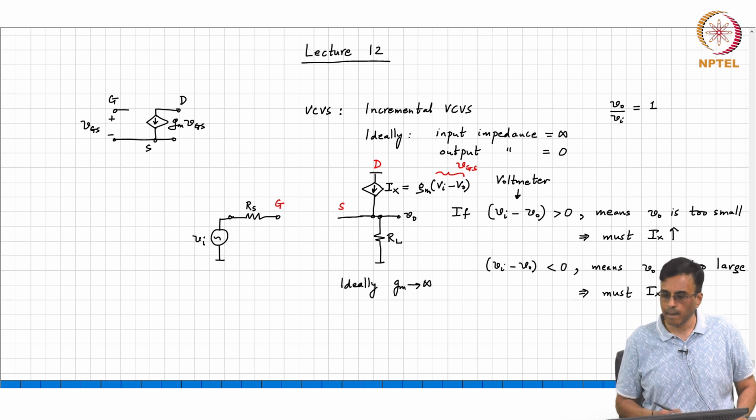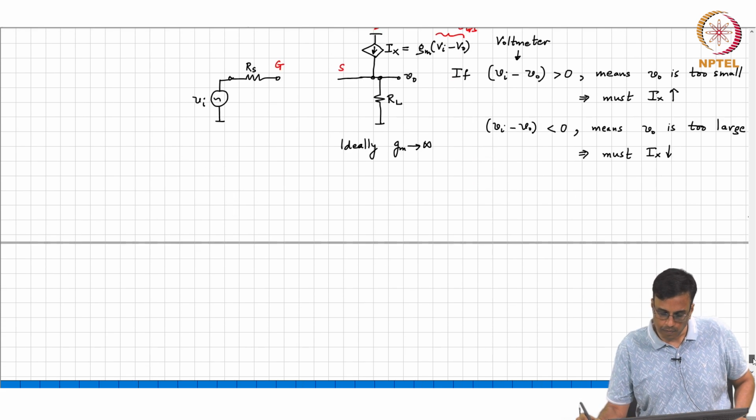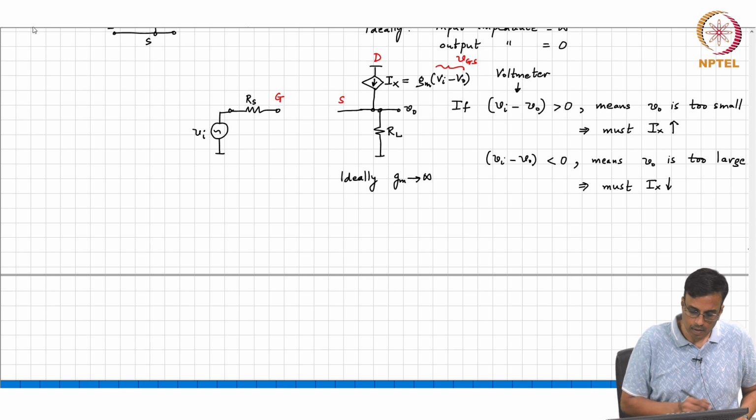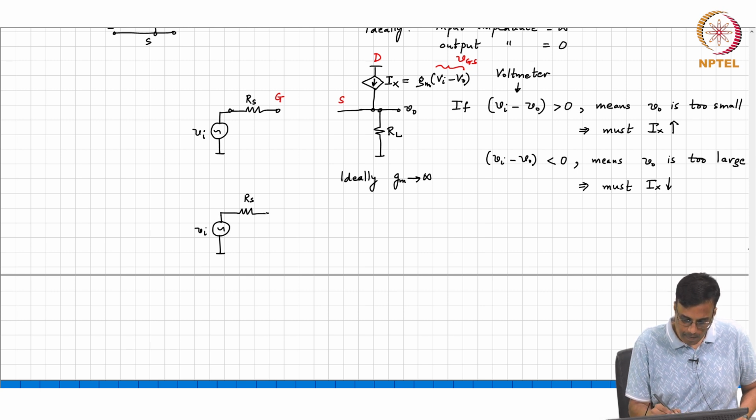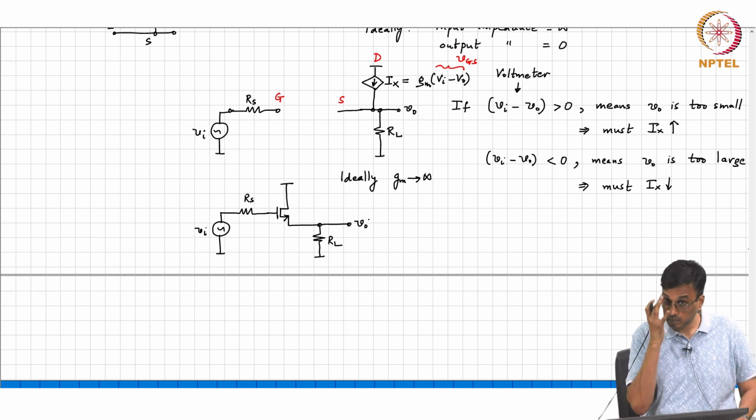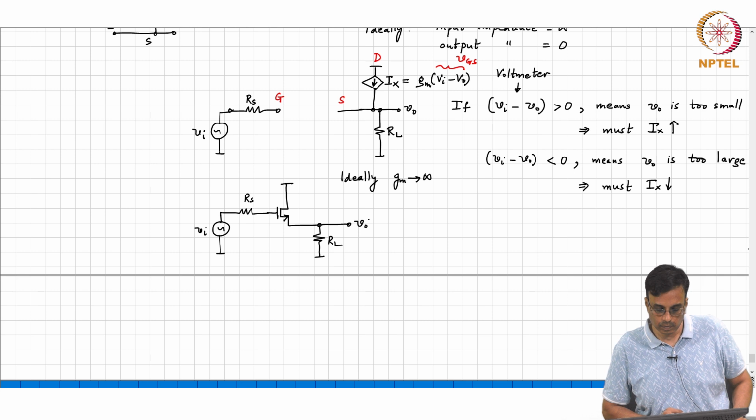Does that make sense? And therefore the circuit, when you recognize the transistor, becomes Vi, Rs, this is RL, this is VO.